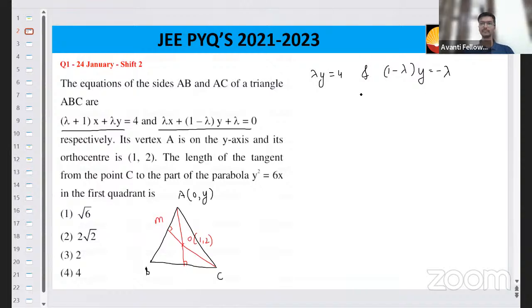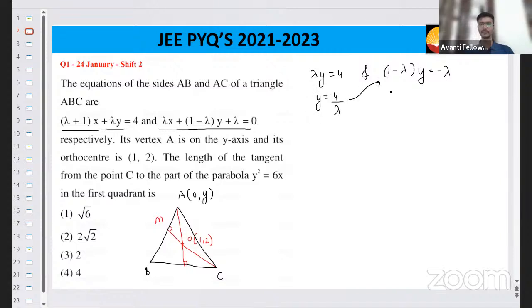Now let us solve these equations. We want the value of lambda. From here, y will be equal to 4 upon lambda.